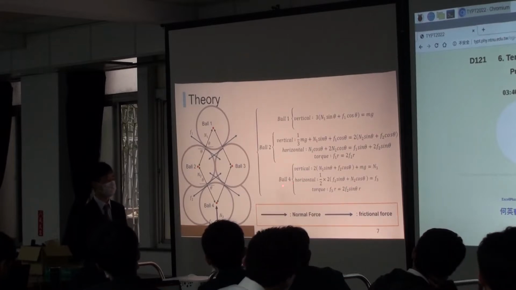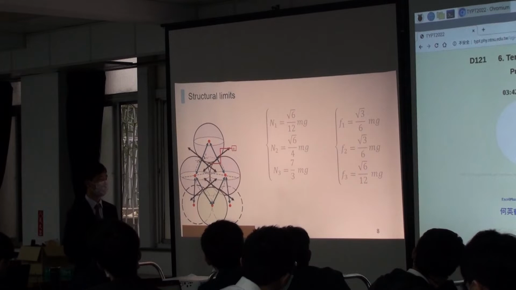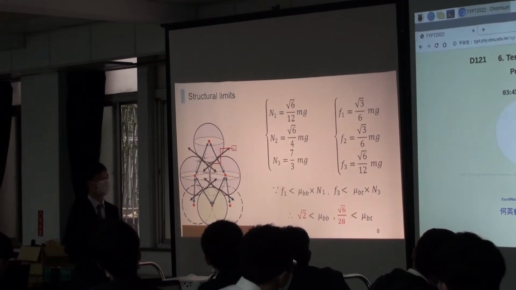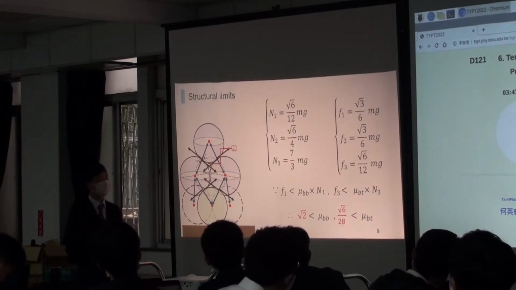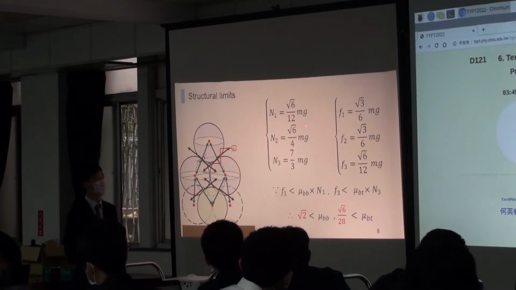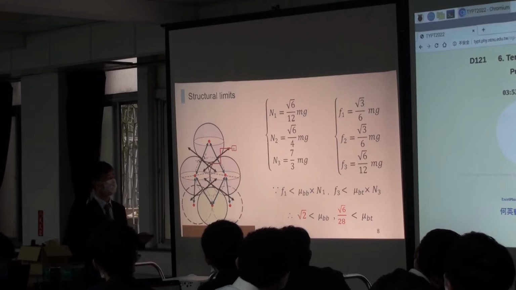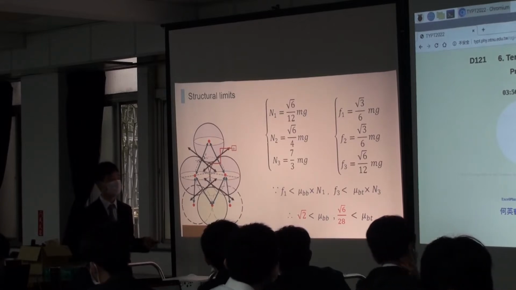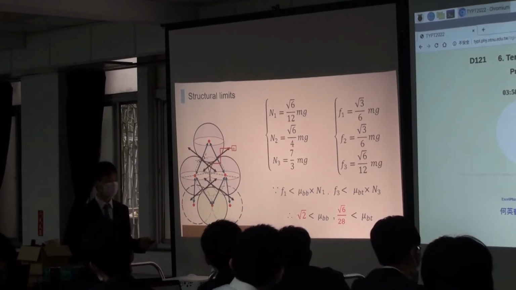And also, when we input the sin theta and also cos theta, we can know that N1 equals this, and these are the magnitudes of different normal forces and about the frictions.